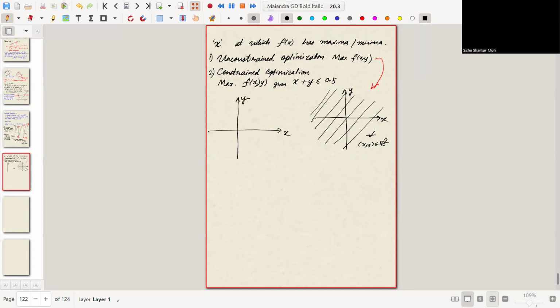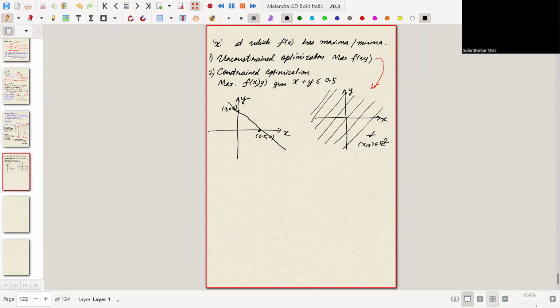Now I am saying the maximum of f of x comma y given that x plus y is less than or equal to 0.5. So x plus y equals 0.5 is a straight line.